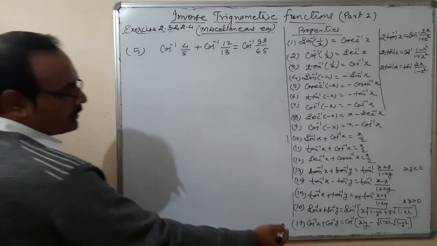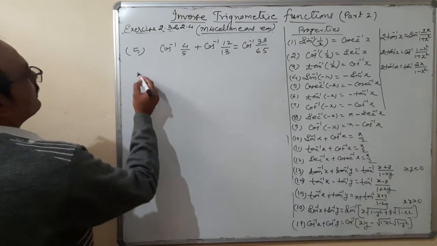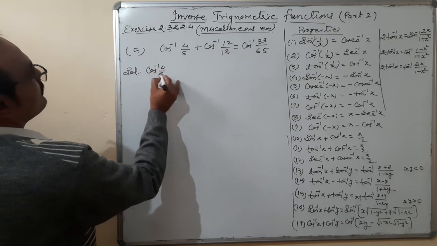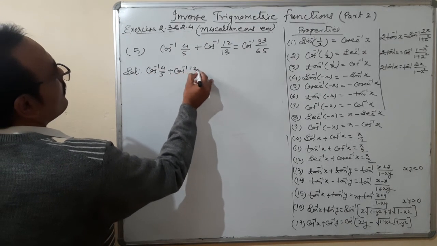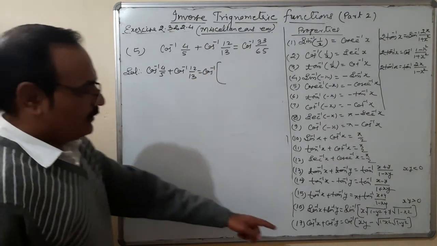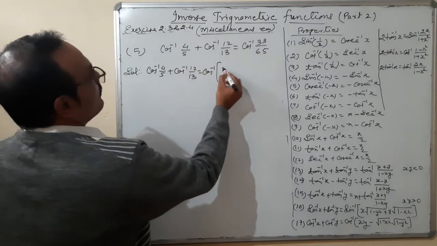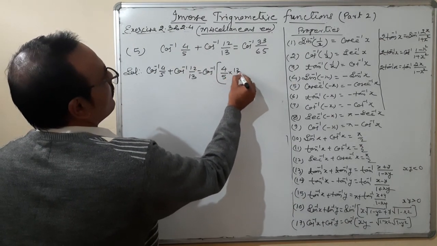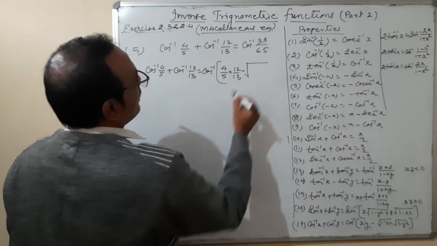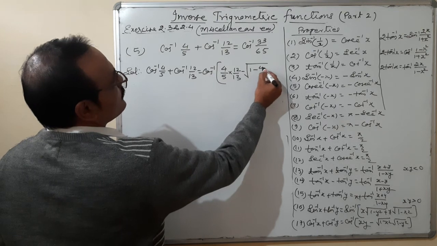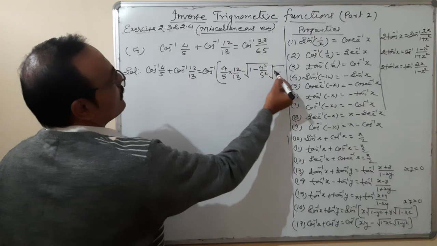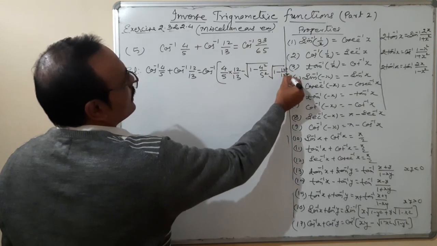So the formula is cos inverse x plus cos inverse y. Cos inverse 4 upon 5 plus cos inverse 12 upon 13 is equal to cos inverse xy, x is 4 upon 5 multiplied by 12 upon 13, minus under root 1 minus x square, 1 minus 4 square upon 5 square, and under root 1 minus 12 square upon 13 square.